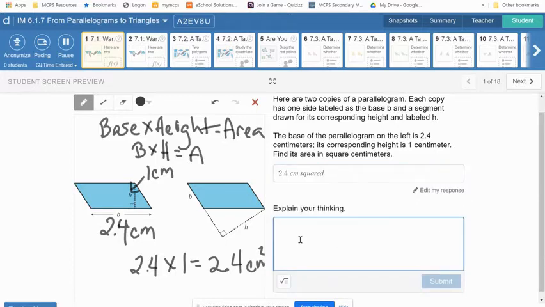Explain your thinking. I multiplied the base, which was 2.4 centimeters, and the height, which equaled 1 centimeter, and got 2.4 centimeters squared.